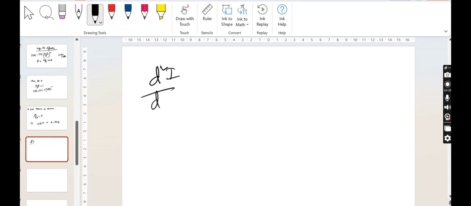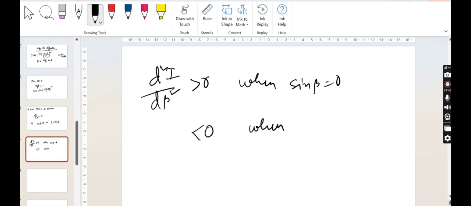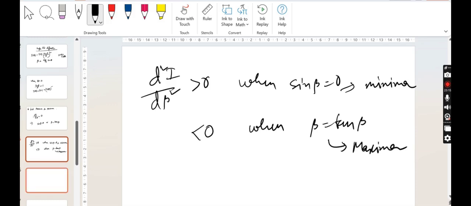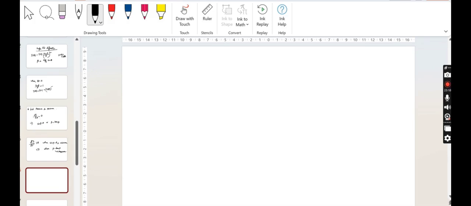The second derivative d square I by d beta square is positive when sine beta is equal to 0, and it is negative when beta is equal to tan beta. So this will give minima from the calculus, and this is going to give us the maxima. First, let us discuss the condition of minimum.